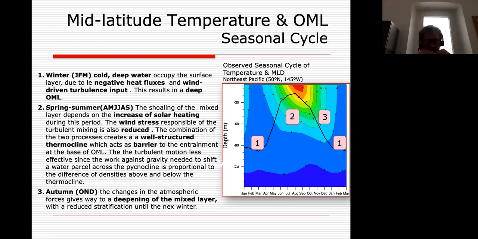It means that if you want to mix by turbulence the large scale eddies that encompass the whole mixed layer, this should do more work to entrain water from the bottom layer. And so the turbulent fluxes at the base of the mixed layer are reduced.